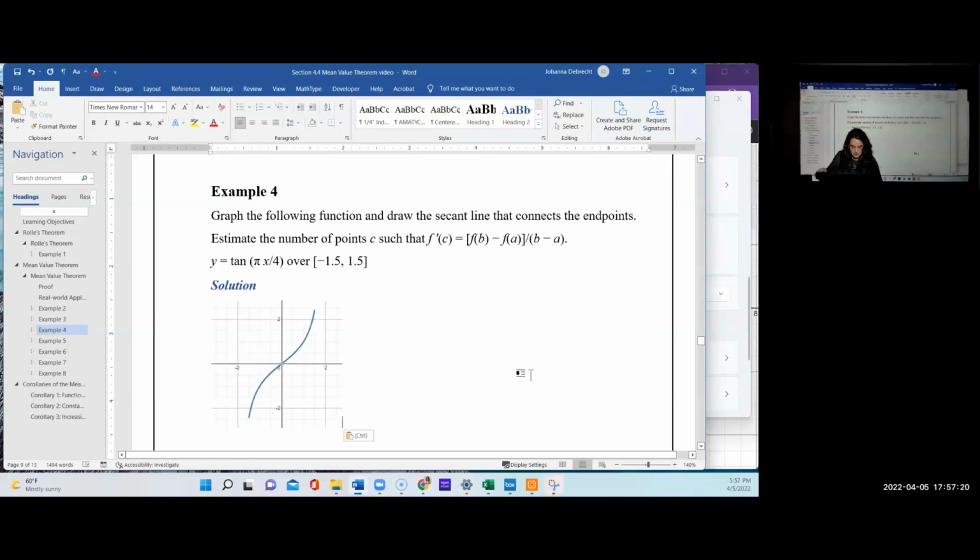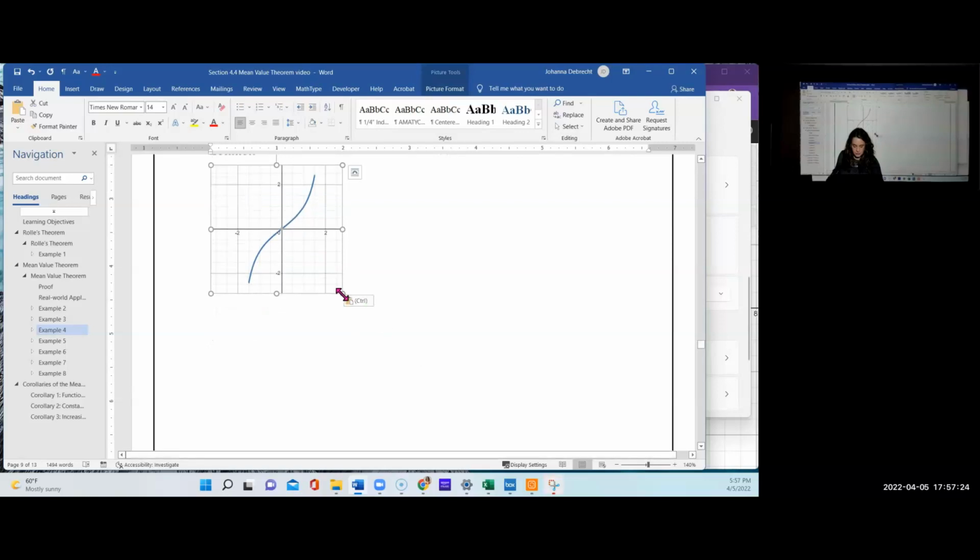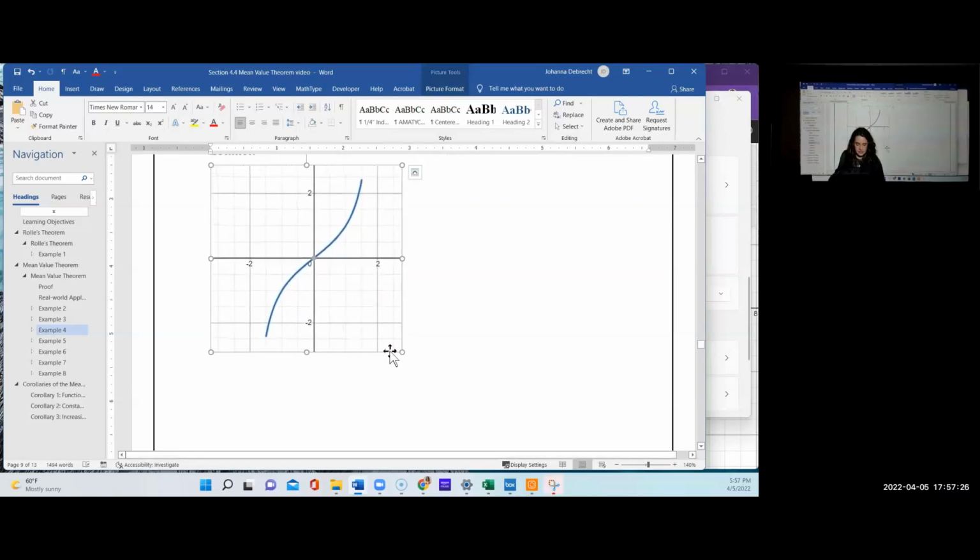When we post this into our notes, I'm going to make it a little bit larger over here as well, like this. Then I'm going to take my straight edge, credit card, whatever you have. Mine's an index card. And I'm going to connect the two endpoints.